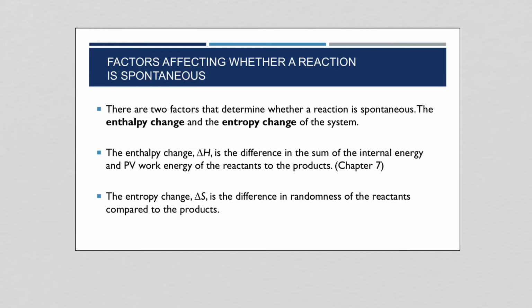So what we can look at now is a summary of what we've done so far. We've seen that there are two factors that play a role in whether a reaction is spontaneous: the enthalpy change and the entropy change. Whether something is endothermic or exothermic plays a role, but also whether it has an increase or decrease in entropy.